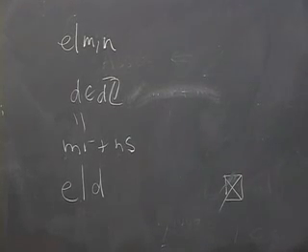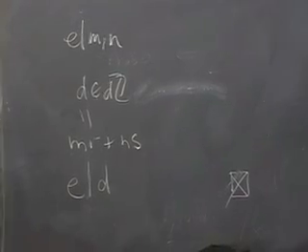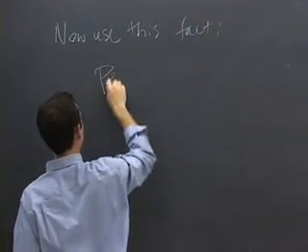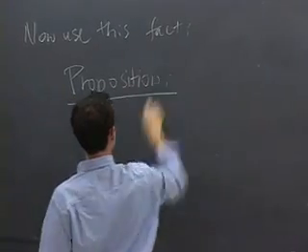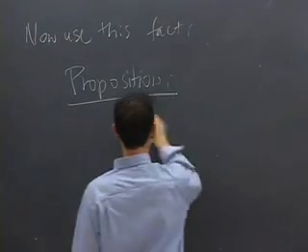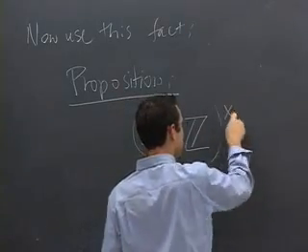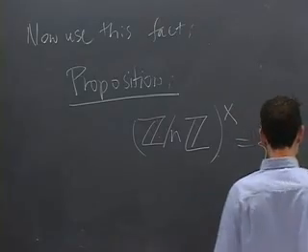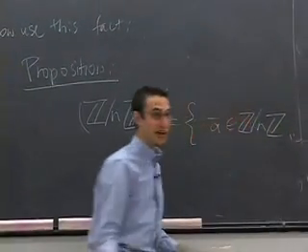Now let's use this fact to prove the proposition. (Z mod nZ)* looks like exactly the set of a bar in Z mod nZ such that, any guesses?